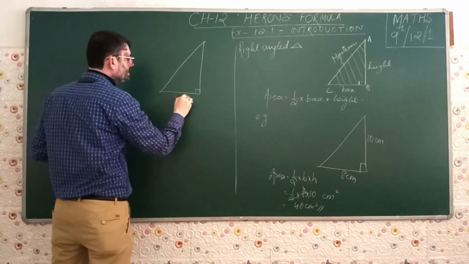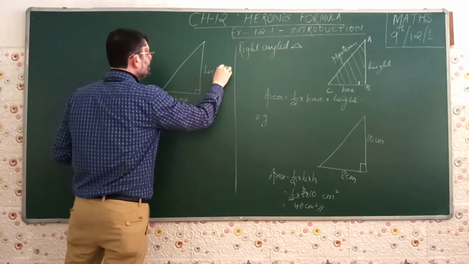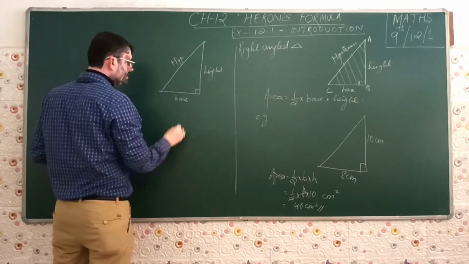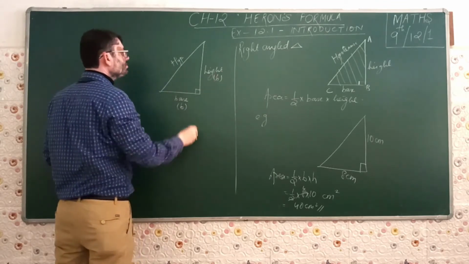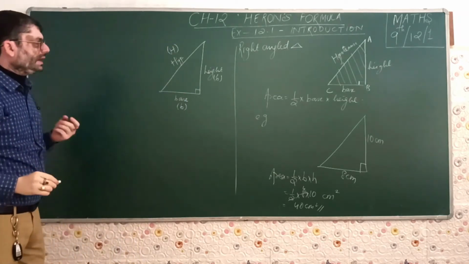This is my right angled triangle, this is base, this is height as we have discussed, and this is my hypotenuse. Let us give short names: B for the base, small h for the height, and capital H for the hypotenuse.